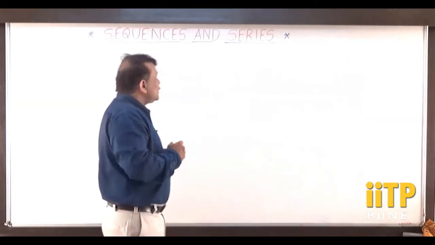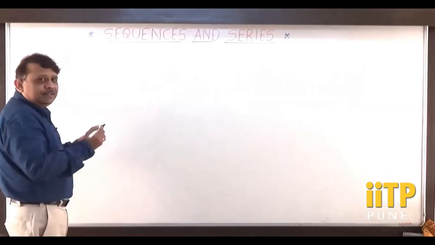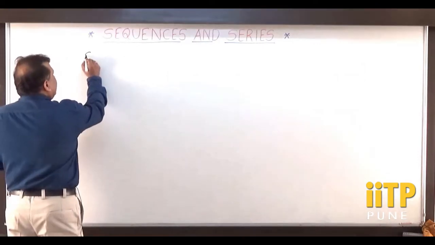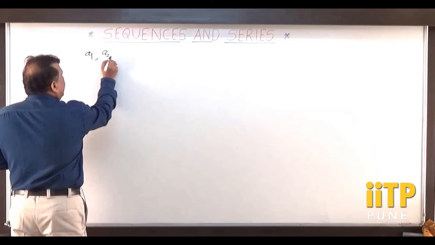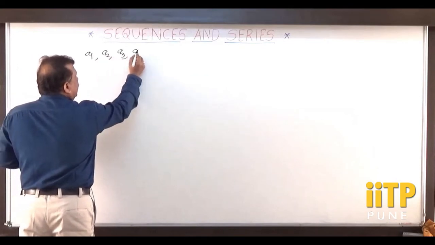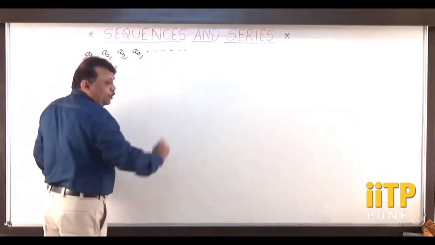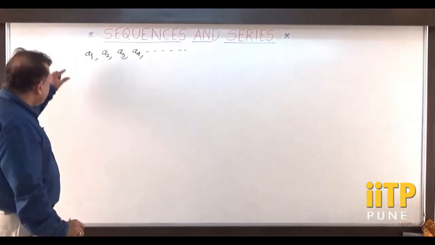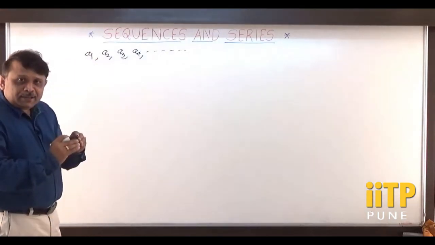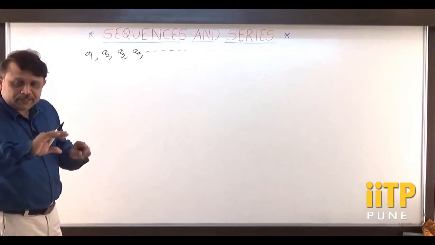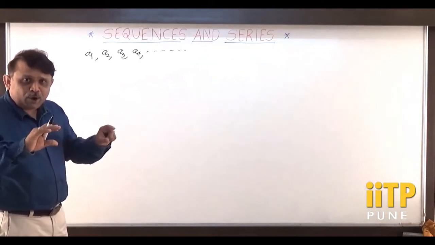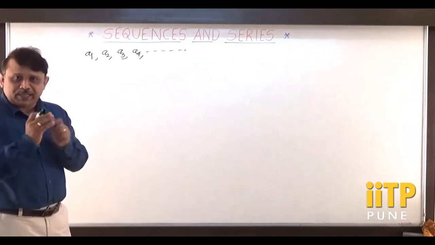Generally we write a sequence as A1, A2, A3, A4, and so on. So some elements are written in order in a row. That arrangement of numbers in that row is called a sequence.